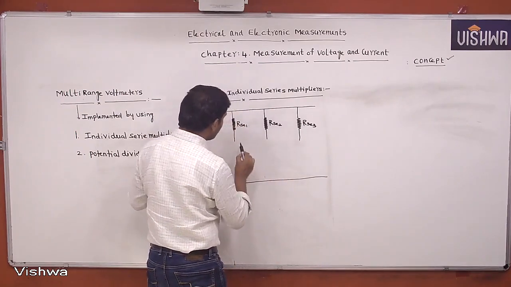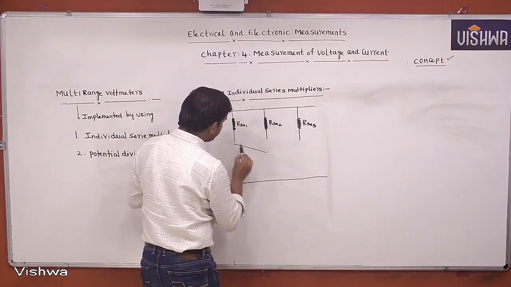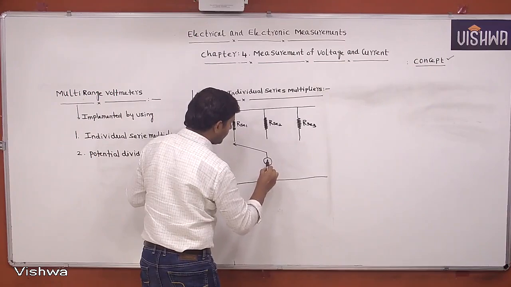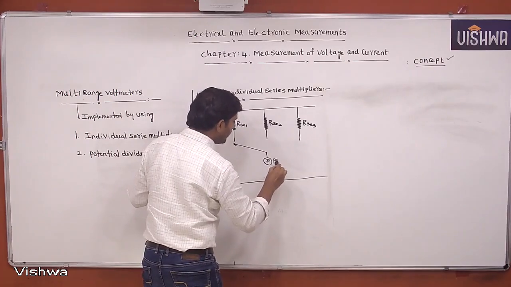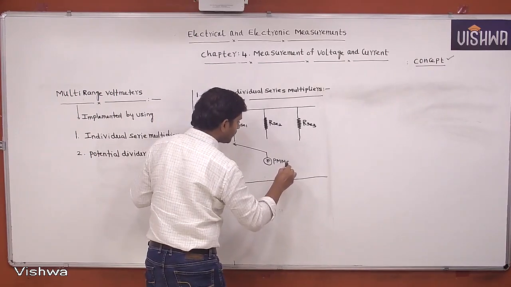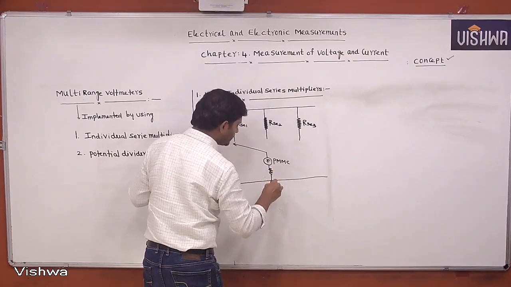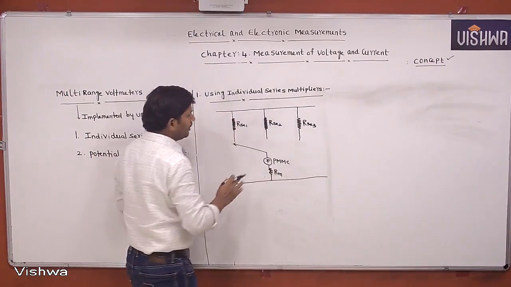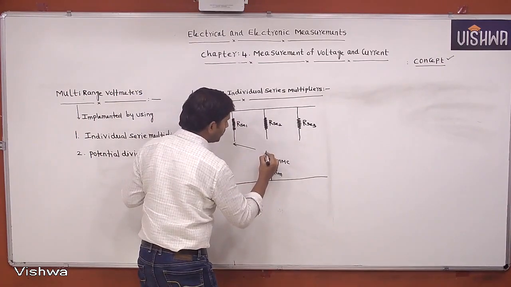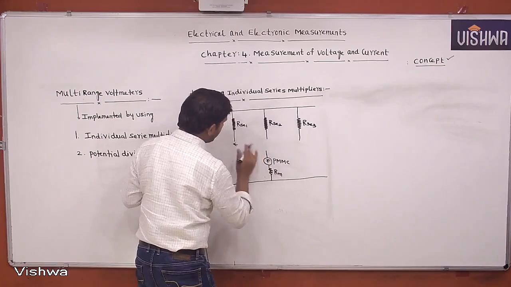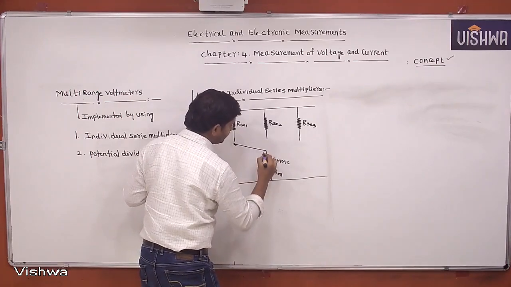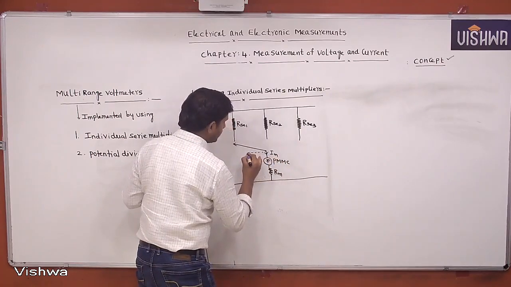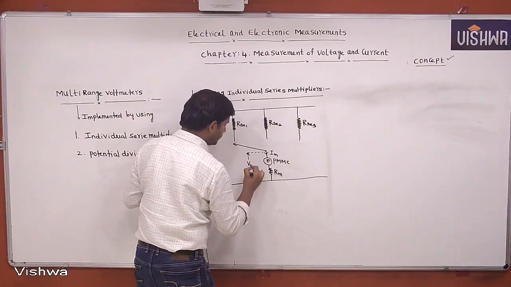Or make the connection like this. This is the PMMC meter movement. Then this is the meter resistance, Rm is the meter resistance. Im is the meter current, and Vm is the meter voltage.